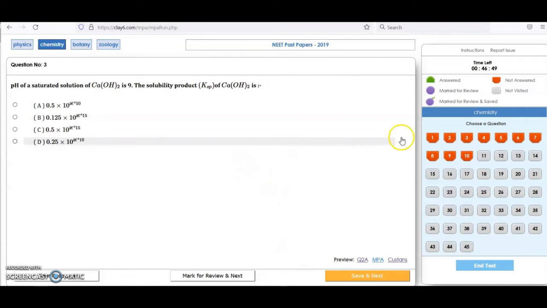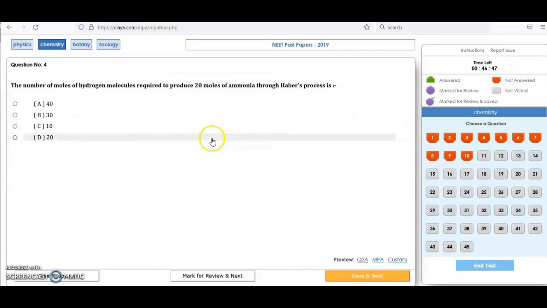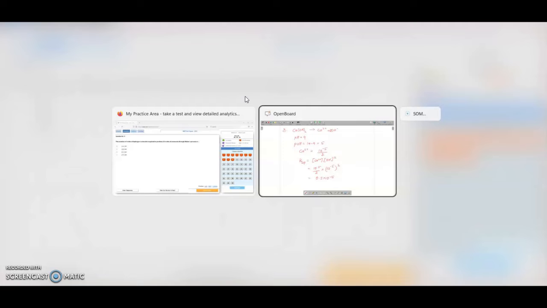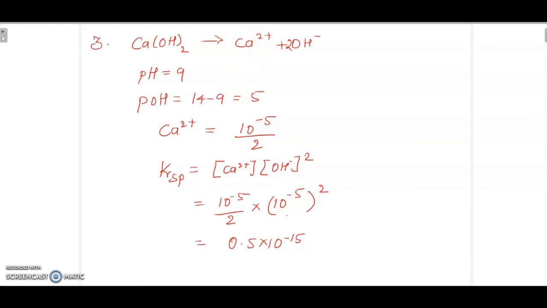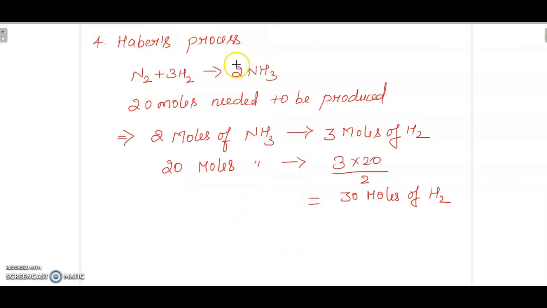The fourth question is: the number of moles of hydrogen molecule required to produce 20 moles of ammonia through Haber's process. It is a very simple application. Haber's process is a method to produce ammonia: N2 plus 3H2 gives 2NH3.